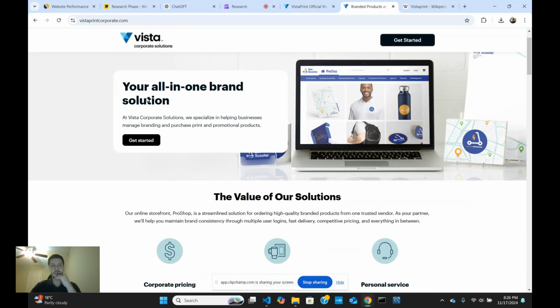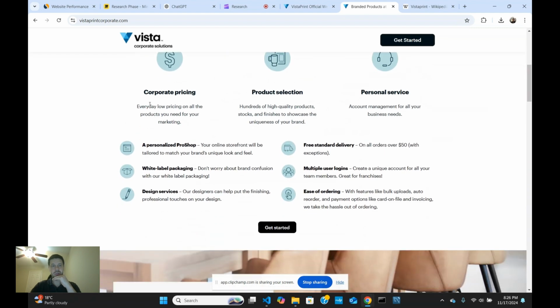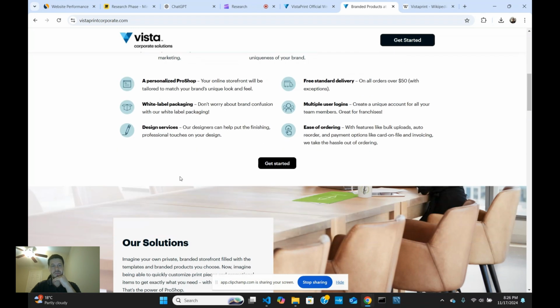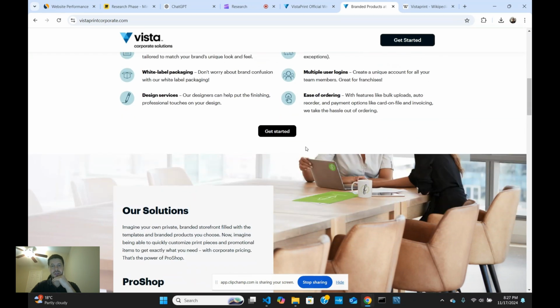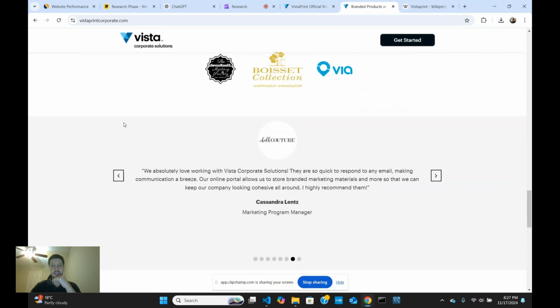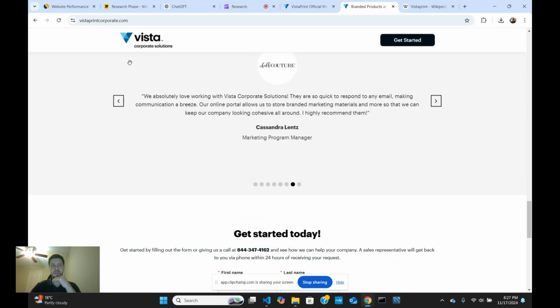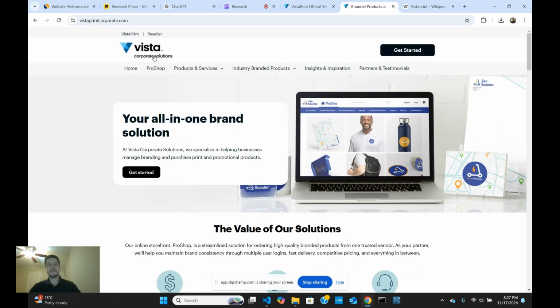Your all-in-one brand solution. So they offer design services. Interesting. So now you can see that they have so much more than just the actual e-commerce, right?